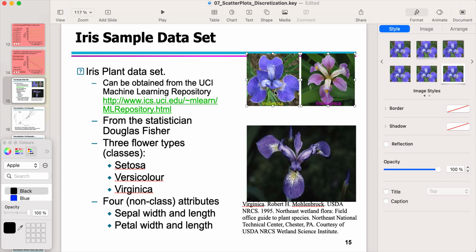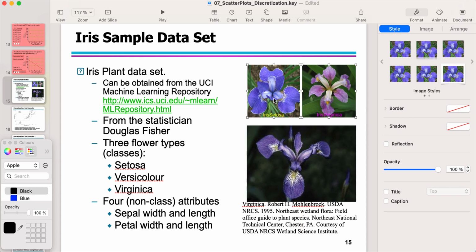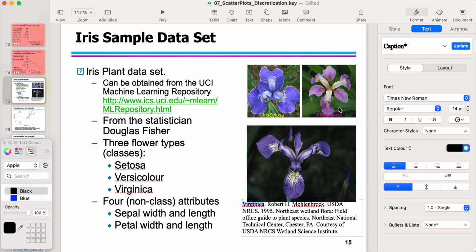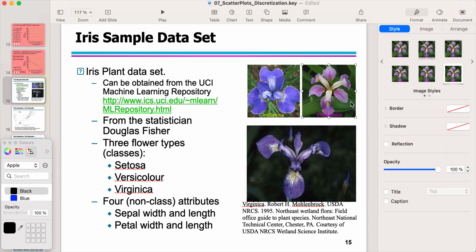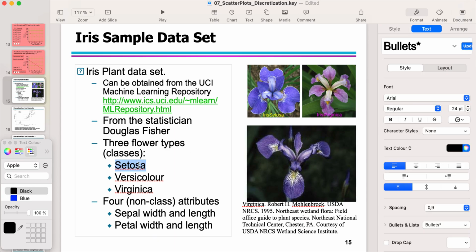So the Iris setosa will be the one with more of a round petals, while the Iris virginica, which is what we have here as well, will have elongated petals. This one has more round circular petals. This one has more elongated petals. So this is a different class of flower. The one with the round petals is called setosa, and the one with the longer petals, virginica.